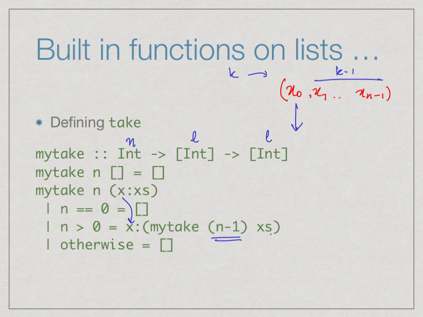And remember that if n is very large, then at some point the list will become empty and this will just return empty. And finally, we have a last case which takes care of negative n. So it says if n is actually less than 0, I should give you nothing. So notice that actually these two cases are together. So I could have said n less than or equal to 0 is equal to empty, and it would have done the same.